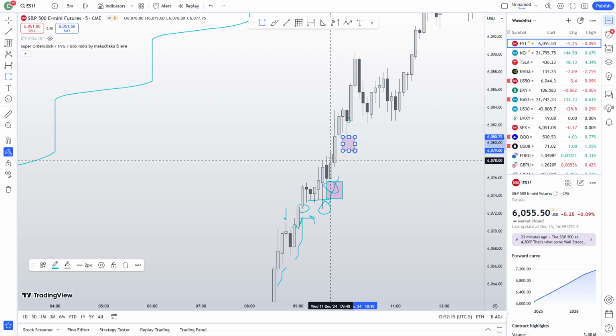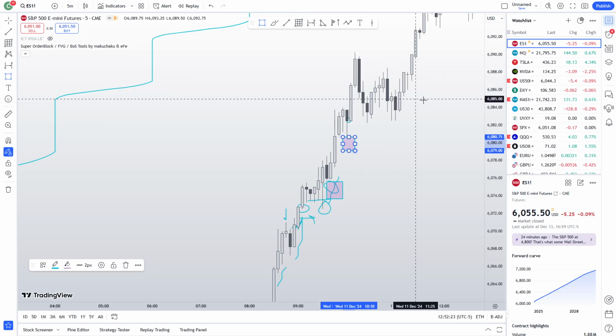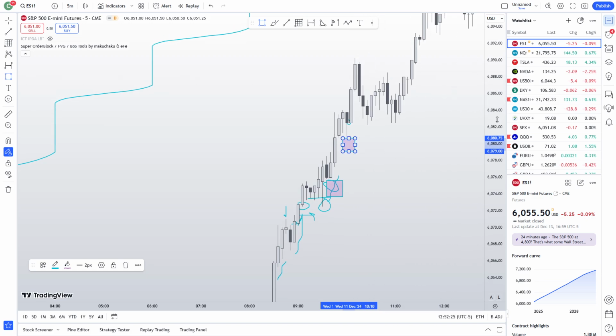It literally would have had zero impact on the trade. It always has zero impact on the trade, actually, for that matter. In terms of what the chart is going to do, it has zero impact on what the chart's going to do. So you want to remember that as well. You don't always have to trail every single time possible, because it literally doesn't matter if you do or you don't.